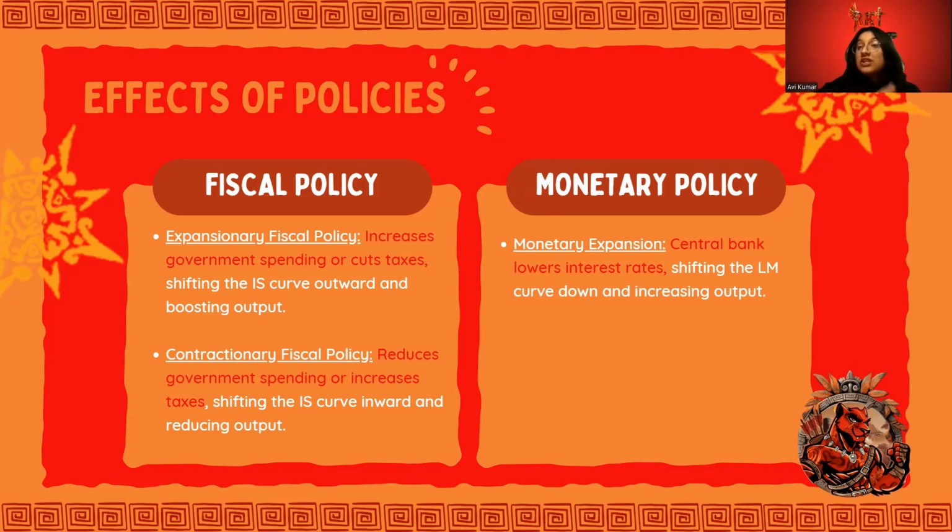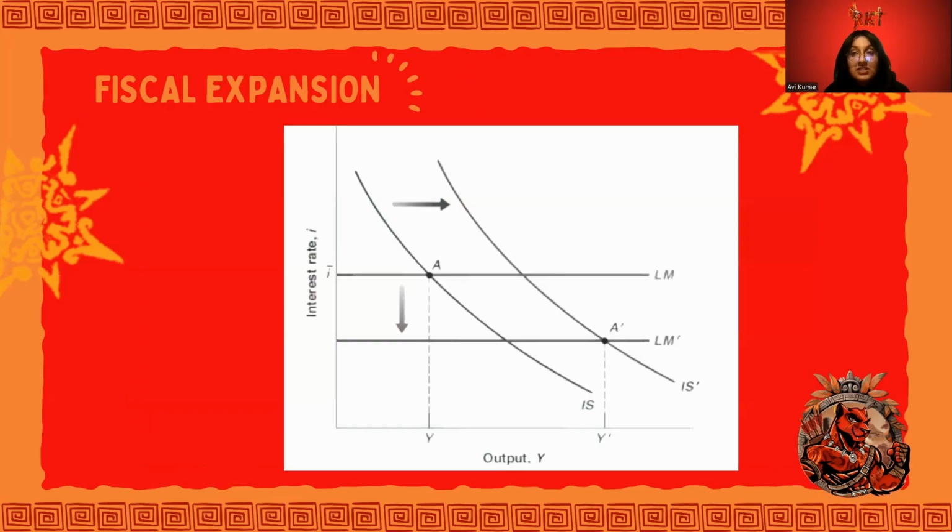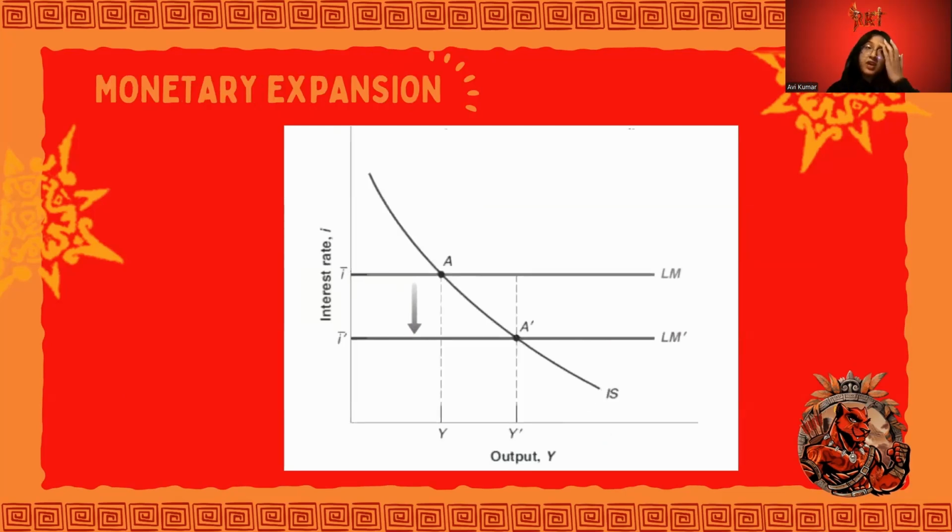And we increase output by lowering the interest rate, which shifts the LM curve down, thus increasing output. And monetary contraction is when the central bank raises the interest rate, which shifts the LM curve up and decreases output. As you can see here, when I shift the LM curve down, there is an increase in output.